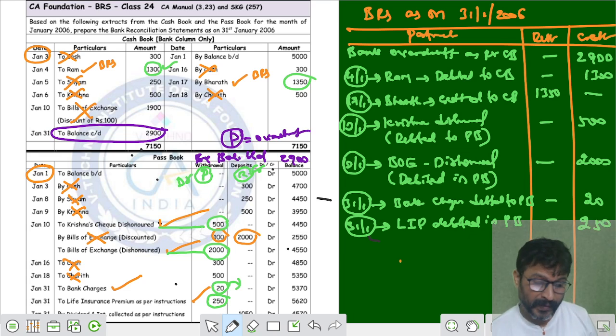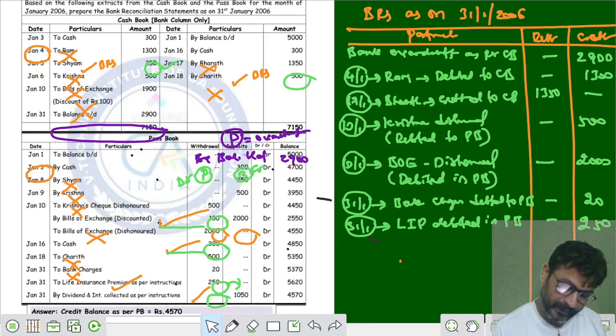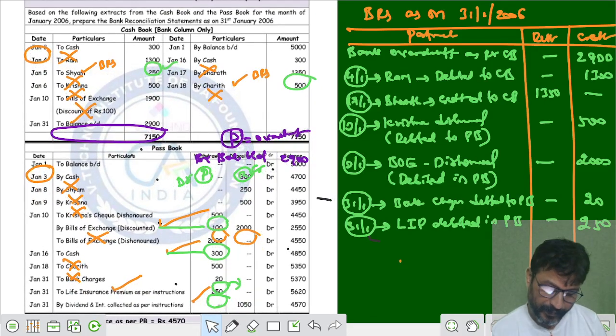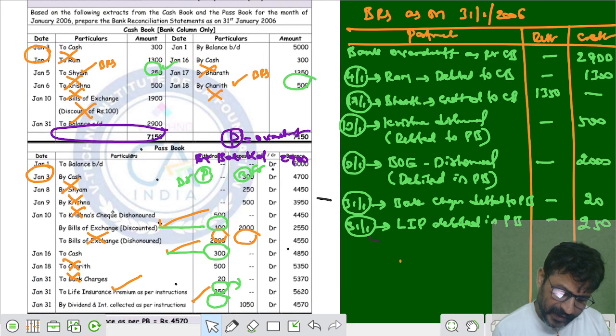Okay, fine. See, my dear kids, what else is given in our problem? The last one. Dividend and interest collected. What do you mean by collected? Collected means receipt.